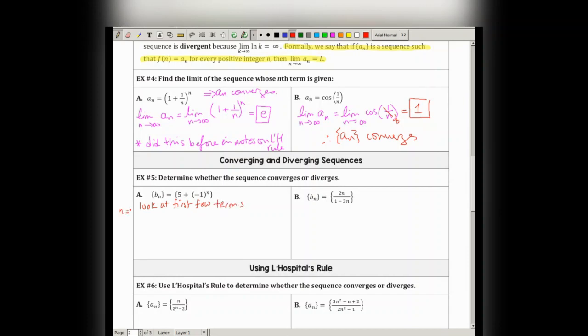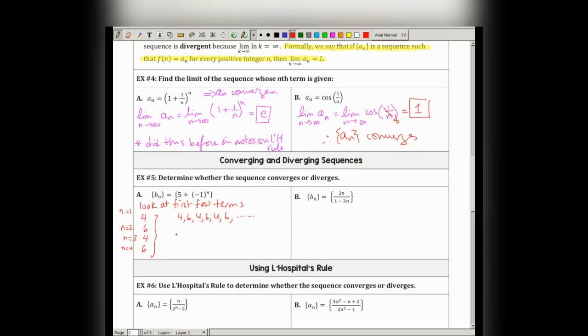So at n equals 1, we get 4. At n equals 2, we get 5 plus 1, so 6. At n equals 3, it's going to be 5 minus 1. N equals 4, we're going to get 6. And guess what? The sequence b sub n is actually 4, 6, 4, 6, 4, 6. It just keeps alternating.